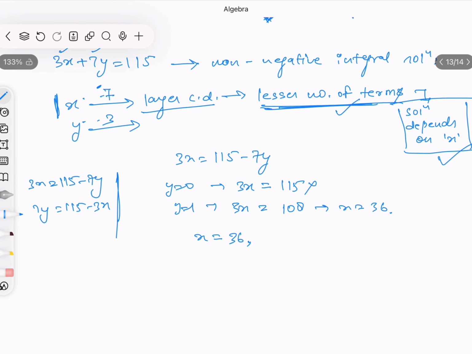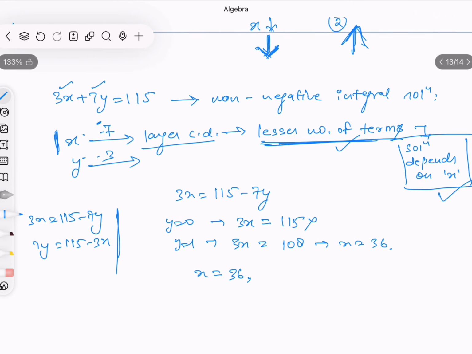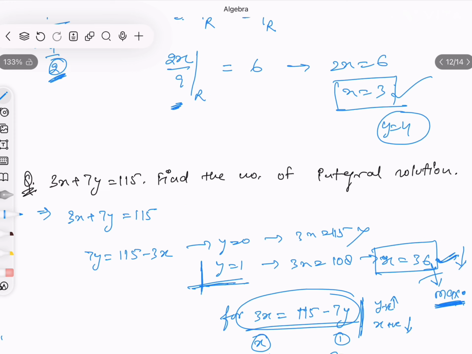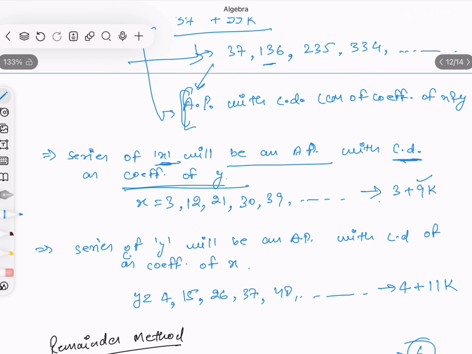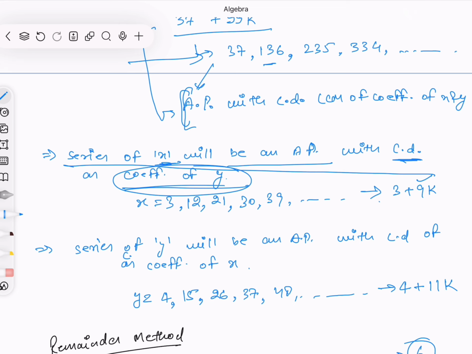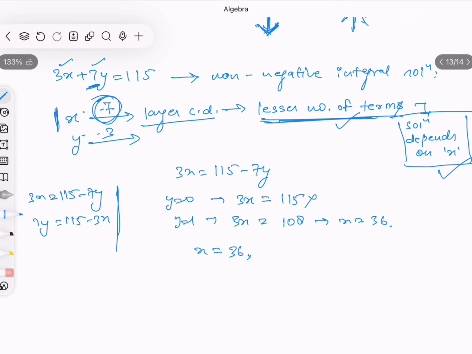What will be the next number? It is an AP with common difference of coefficient of y. Let's go back. Series of x will be an AP with common difference as coefficient of y. Since 36 is max, you do not need to go over here in order to see the max value. Solution depends on x.